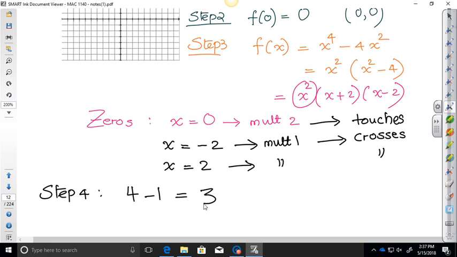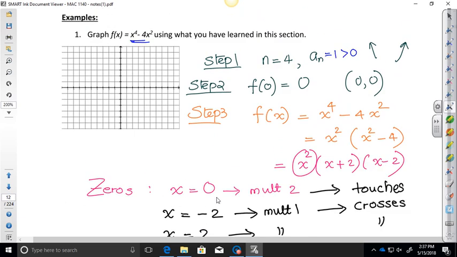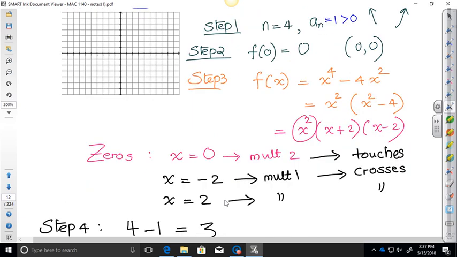Can we graph? So I want you to plot the points you have. You have 3 zeros and one y-intercept. The zeros are (0, 0), (2, 0), (negative 2, 0). Then all I'm going to do is use the end behavior and touching-crossing property to sketch a rough sketch.